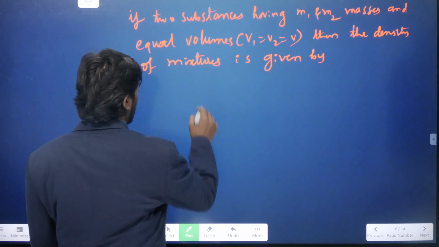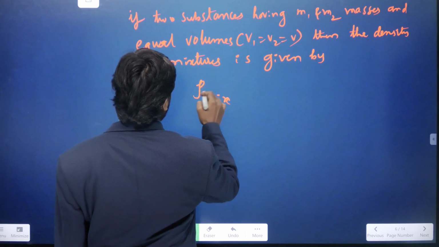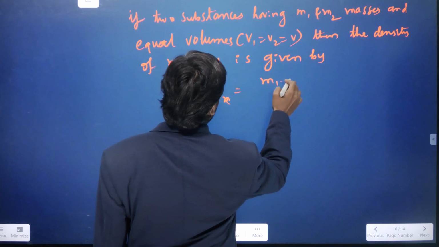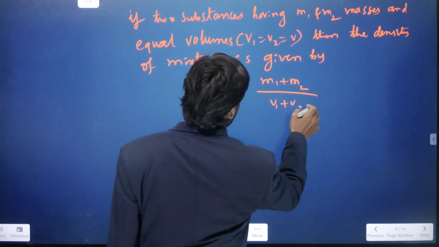So the density of the mixture formula: rho mixture is equal to M1 plus M2 divided by V1 plus V2.